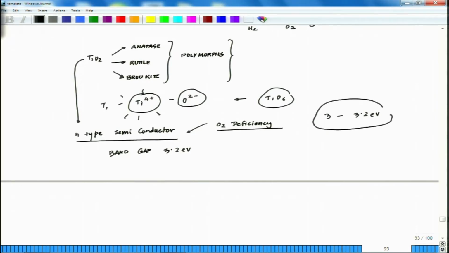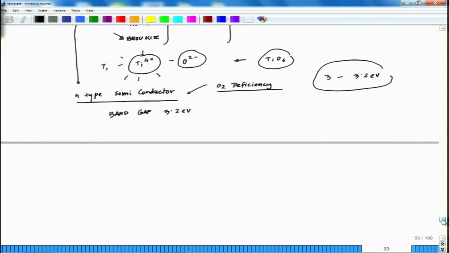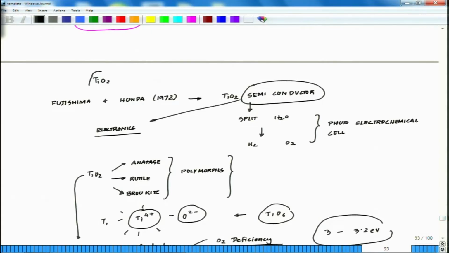All three polymorphs are N-type semiconductors. And TiO2 is the most widely investigated photocatalyst due to its high photoactivity, low cost, low toxicity, and good chemical and thermal stability. So, this is another aspect which I was highlighting, TiO2 for photocatalyst.